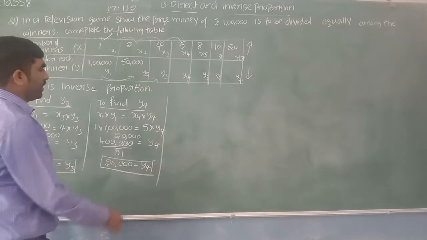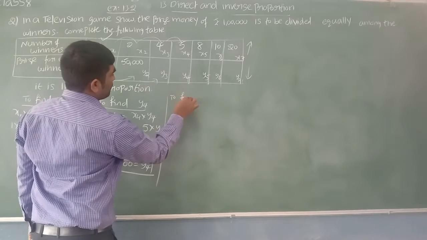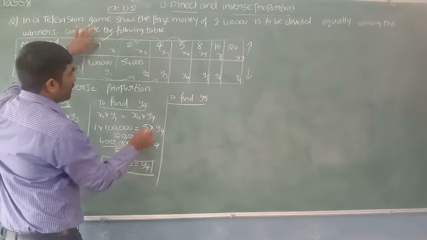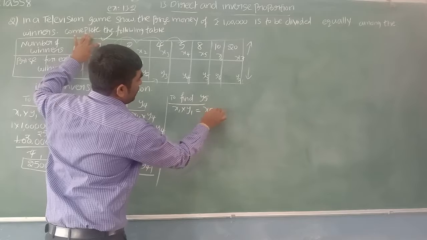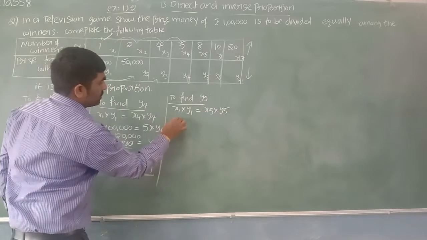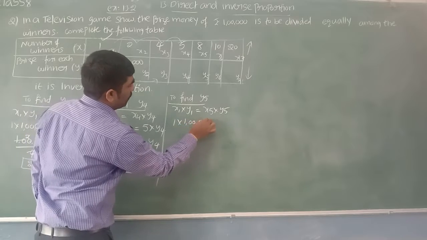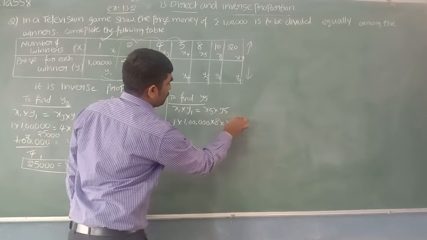Similarly, we will find y5. How can we find y5? The product of corresponding values x1 into y1 is equal to x5 into y5, where x1 is 1. 1 into 1 lakh is equal to x5, which is 8, into y5, which we have to find.